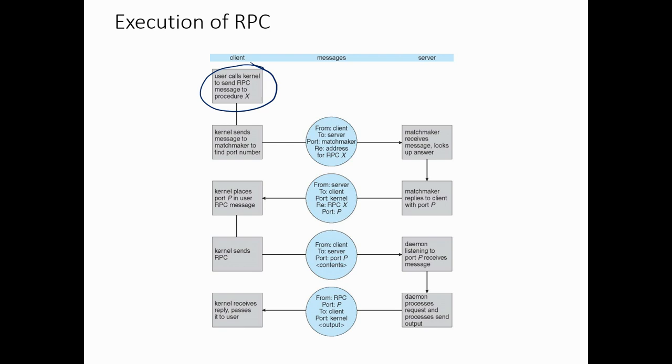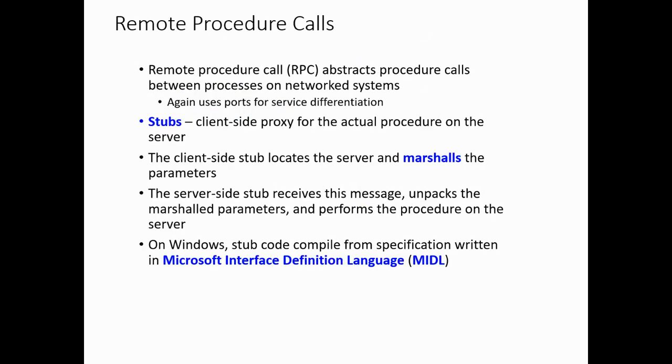Then the kernel places the port in the user's RPC message. Then the kernel sends it to the RPC, and the RPC sends it to the daemon. The daemon will receive the message and reply to the kernel. There are a lot of processes happening in RPC, right? It's not a short thing, but when we compare it with LPC, the word remote is what RPC depends upon. Okay, now let's come back here.